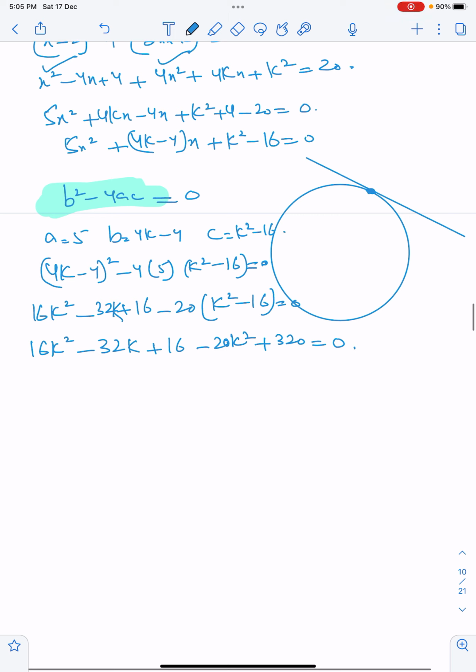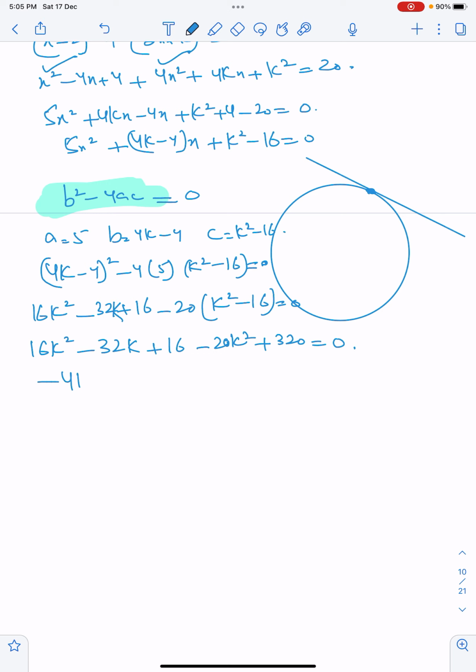I'm shifting everything to one side. Minus 4k square here goes to that side, becomes positive 4k square plus 32k minus 336 equals 0. Let me just write it in negative here as well.